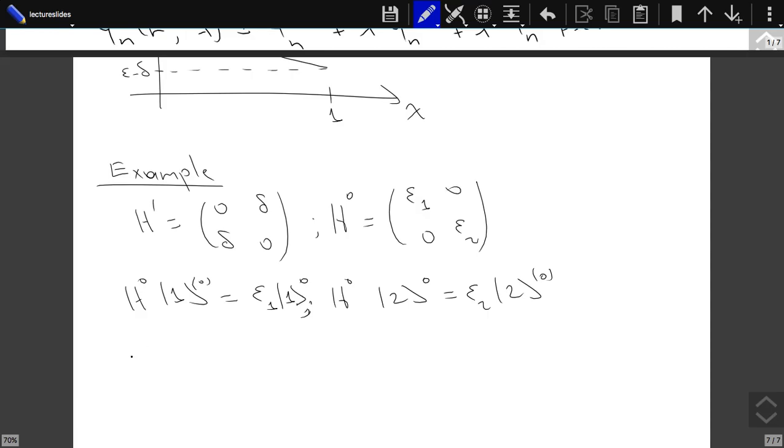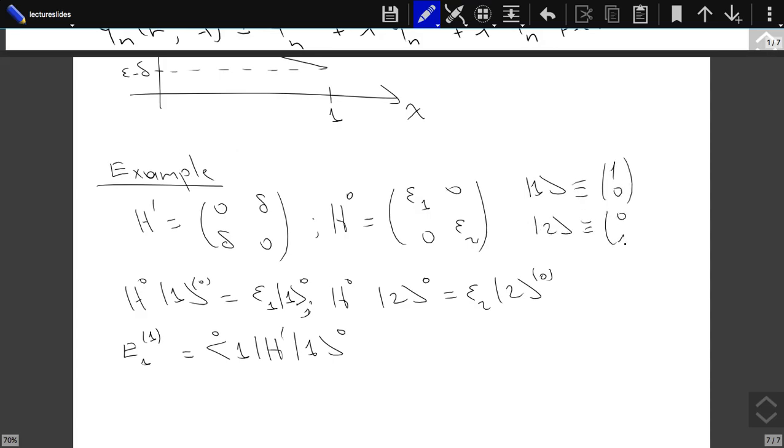Now let's look at the correction to the energy of the first state. The first correction will be the unperturbed first state, H prime, unperturbed first state. We know what H prime is. The first order correction is just 0. Now 1 is (1, 0) and 2 is (0, 1).